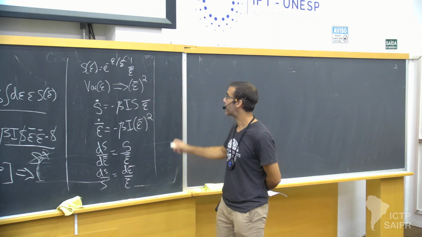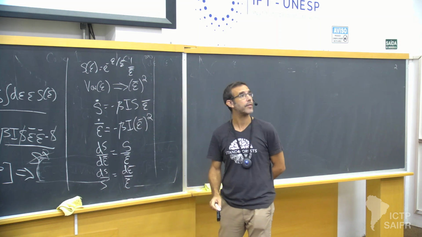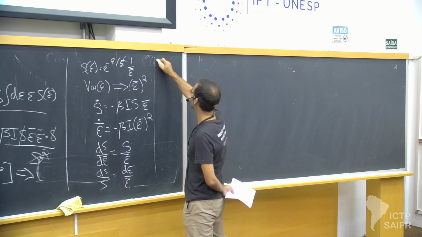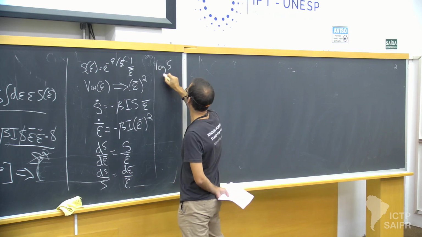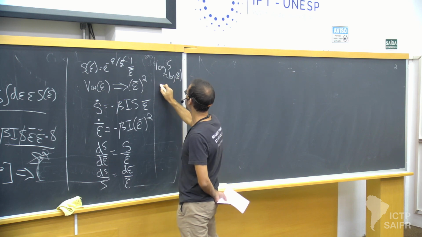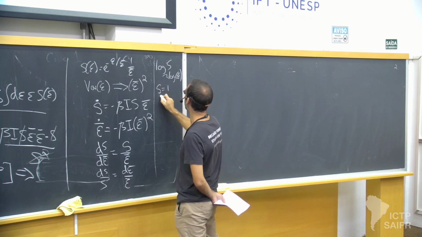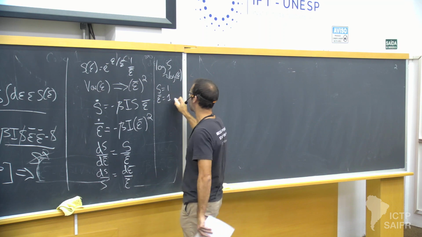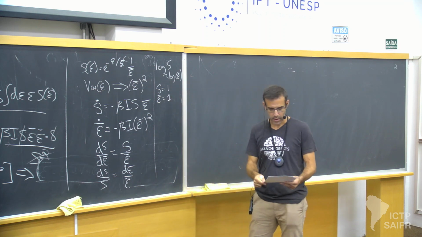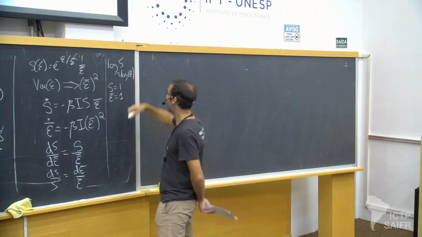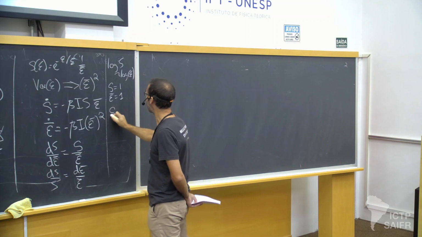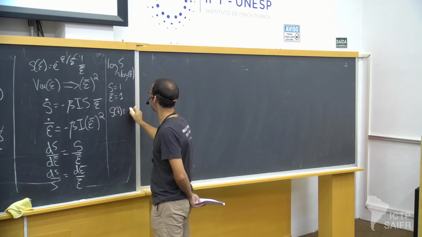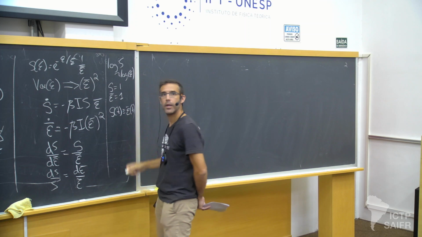I think we know what to do there. Everyone following me still? Which means that log of S goes like log of epsilon bar, but at the beginning, S is 1, epsilon bar, we can just by definition say 1, right? Which means that if we exponentiate this, we see that S of t should be equal to epsilon bar of t.